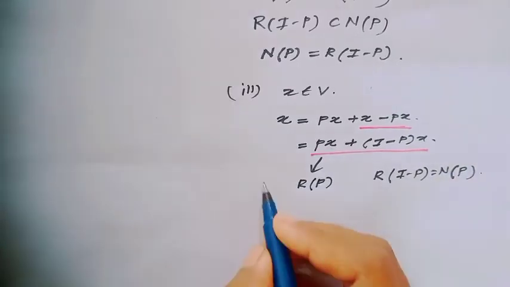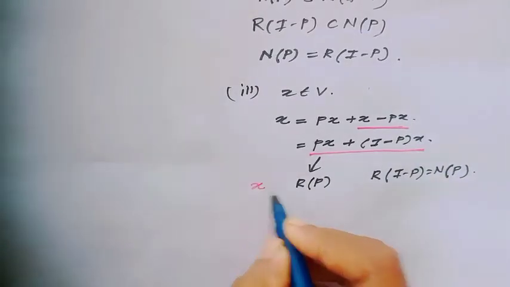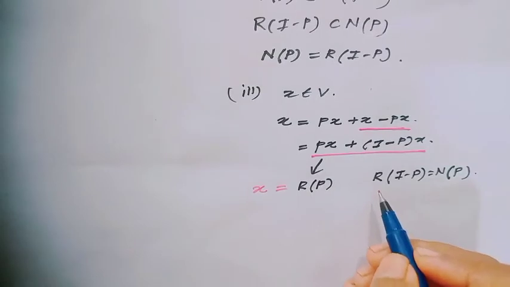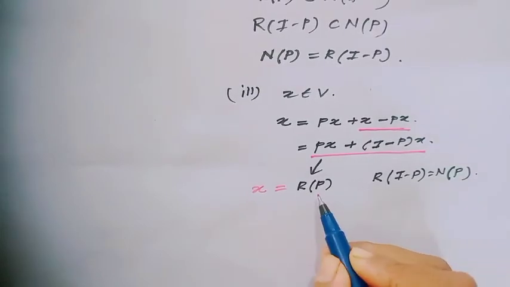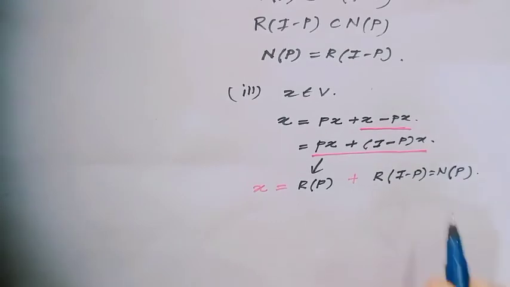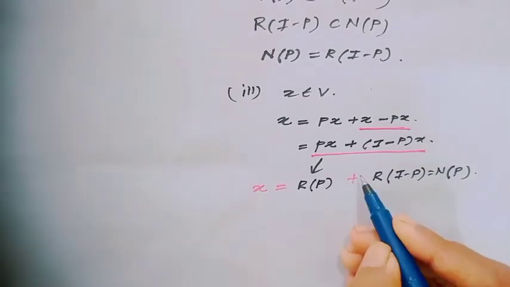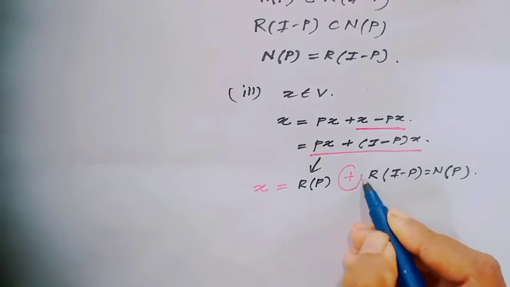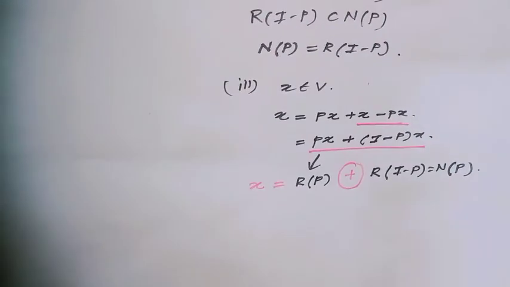So here x is written as the range space of P plus the null space of P, but we have to prove x is written as a direct sum of the range of this projection and the null space of this projection.